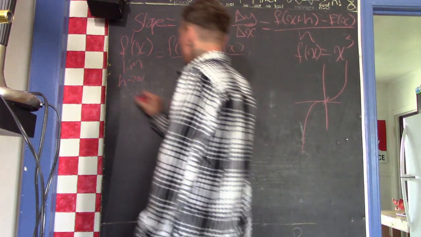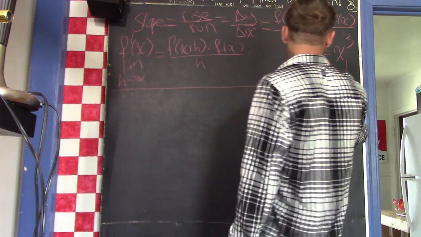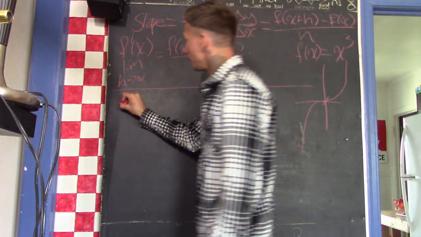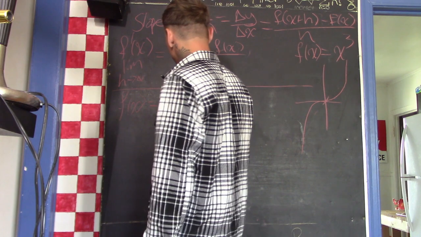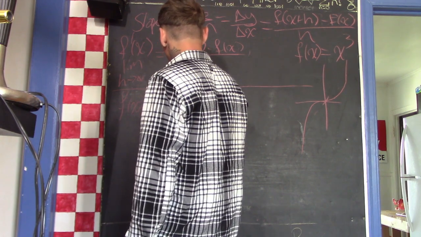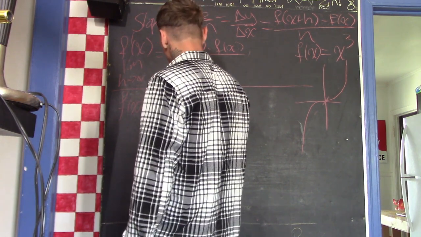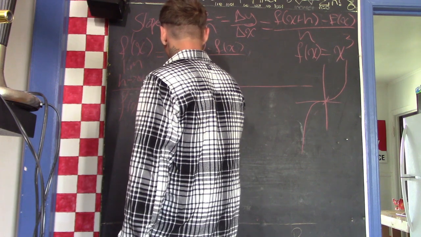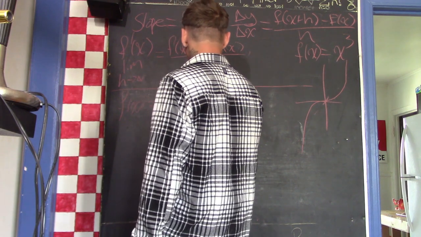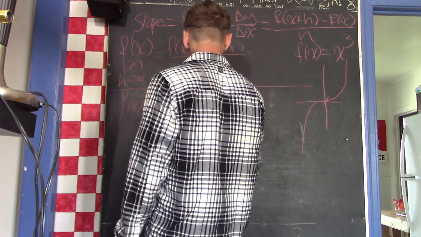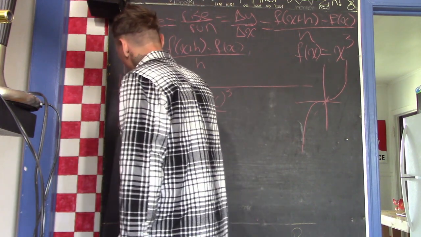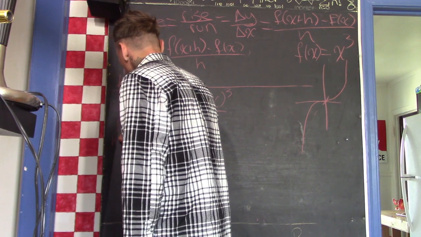So the derivative of x cubed would equal x plus h all cubed minus x cubed over h, as the limit as h approaches 0.